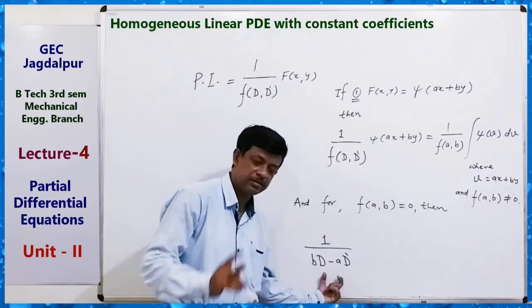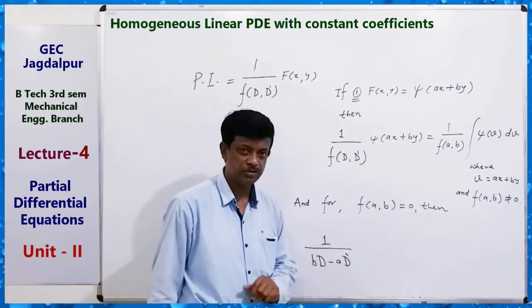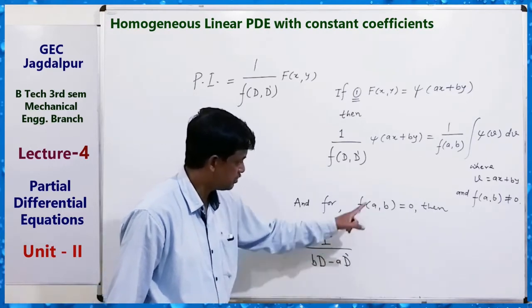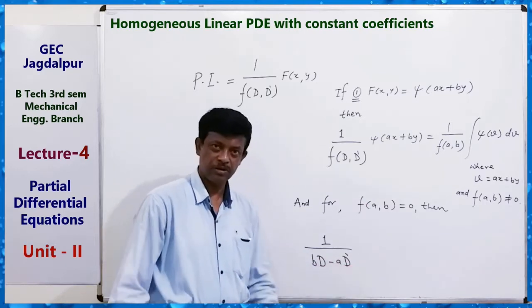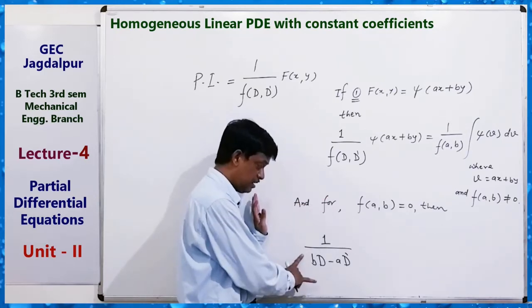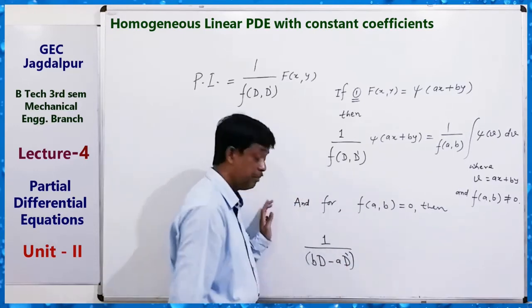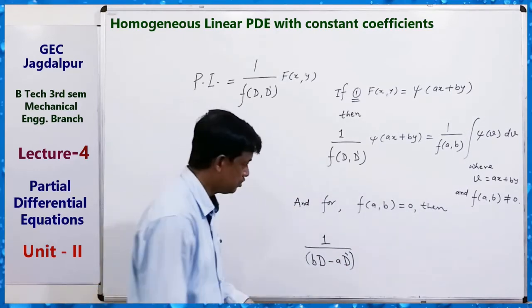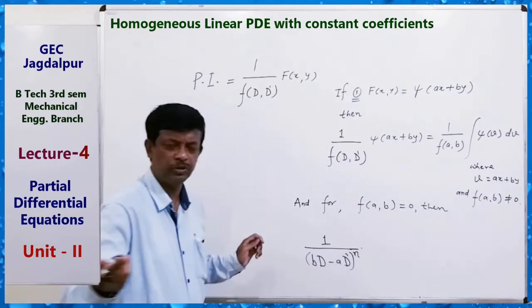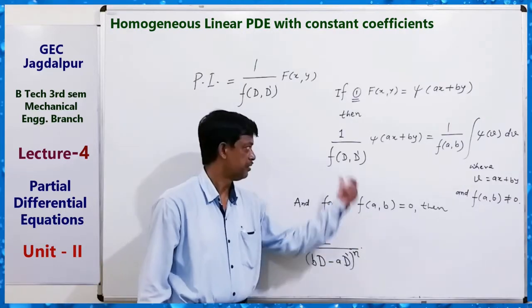This type of factor will be present in the factorization, because f(a,b) equals 0: in place of D put a and D dash put b, so ba minus ab, 0. Maybe 2 factors, 3 factors, 4 factors, so for n, maybe n equals 1, 2, 3, 4, 5 and so on. With n such factors, this will be 0.